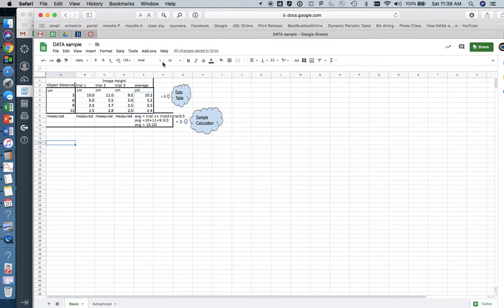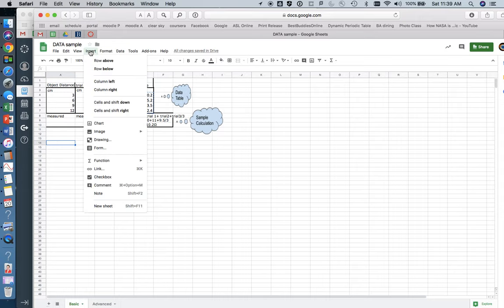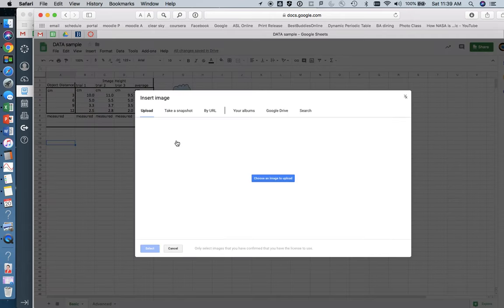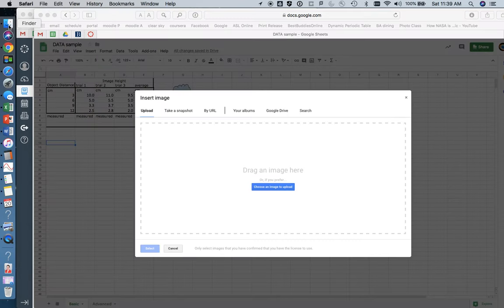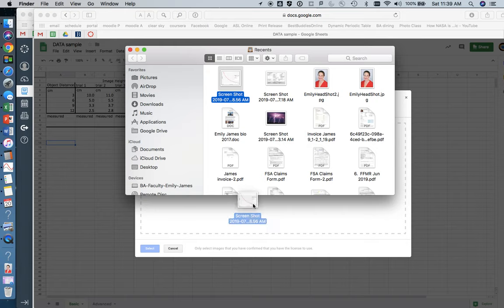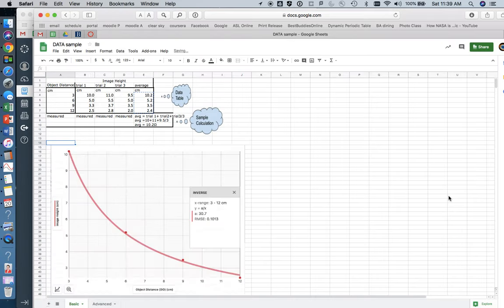And then I'm going to go to Insert, Image, over cells, I believe. I'm going to come back here. Here's my image. And that's what we want. So you can't just drag it in directly. That won't work. You have to actually insert the image and put it over cells.